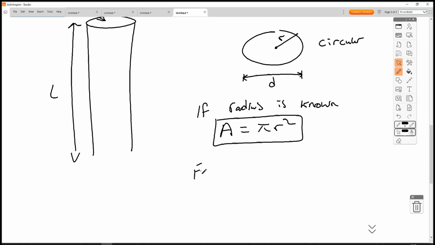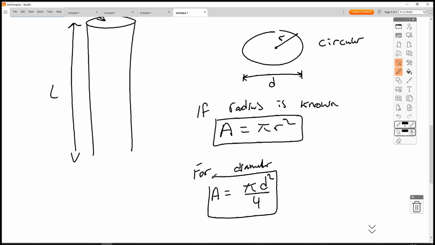And for diameter, you could either just work out that radius is half the diameter and then put it back into pi r squared, or you could remember another formula for the diameter, which is area equals pi d squared over 4. So these formulas are actually the same.